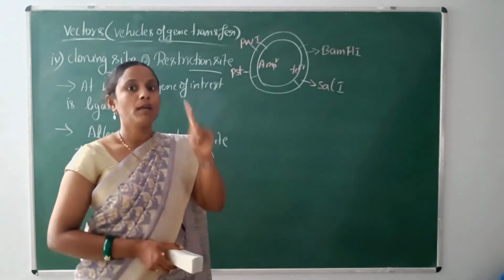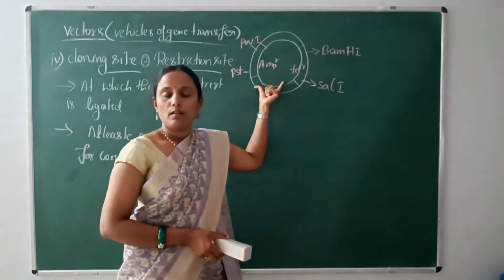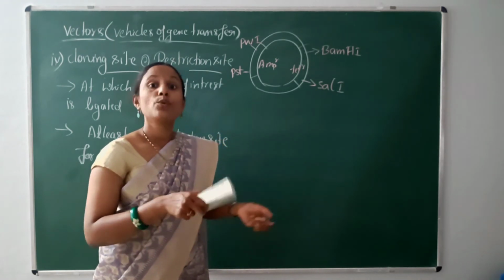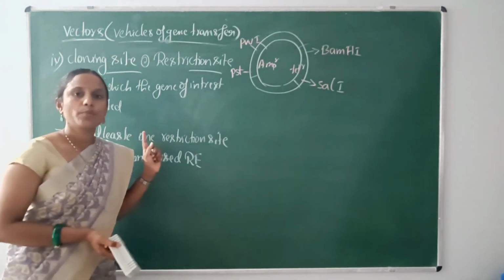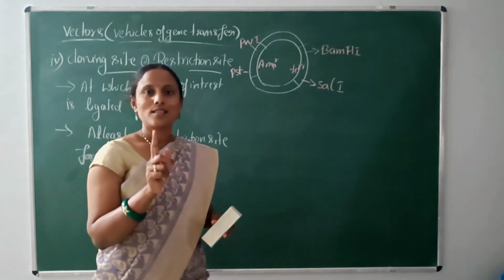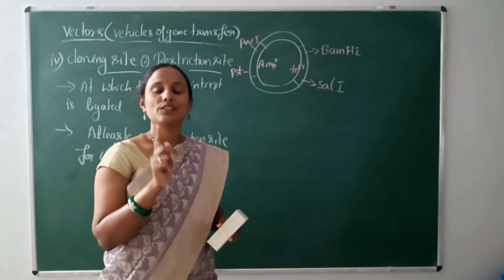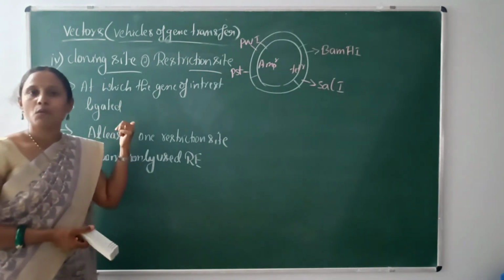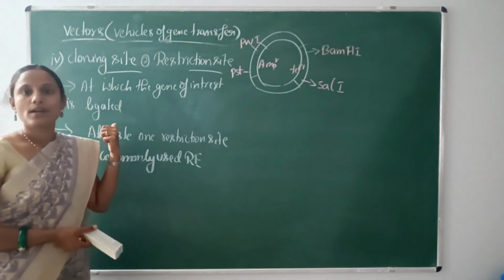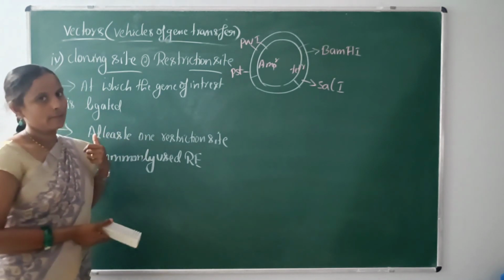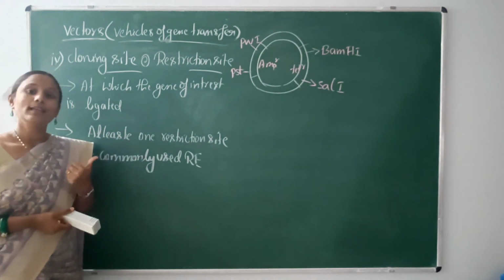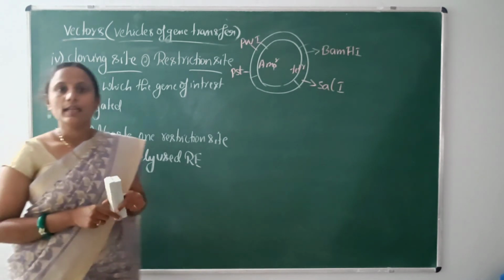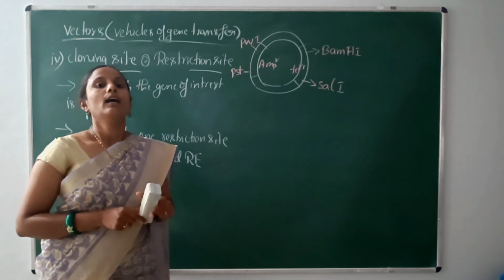It will create multiple cuts, so the vector DNA will be chopped, and the process will be difficult to continue further. For that reason, there should be only one restriction site for the commonly used restriction endonuclease, and that site is commonly called a cloning site, at which it is possible to attach the gene of our interest. All of these are the criteria to consider any DNA molecule as a vector.